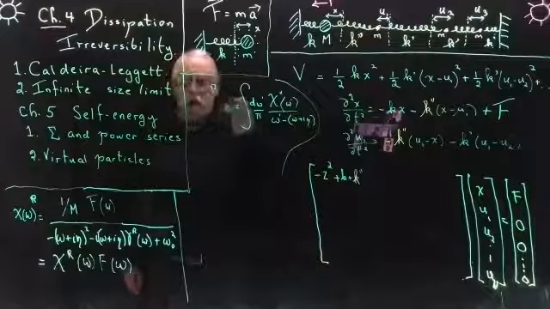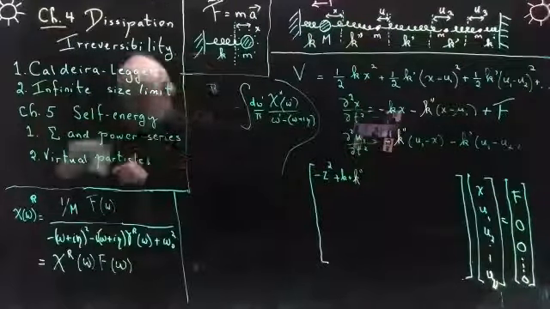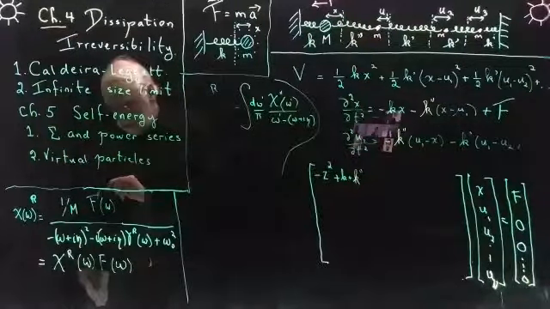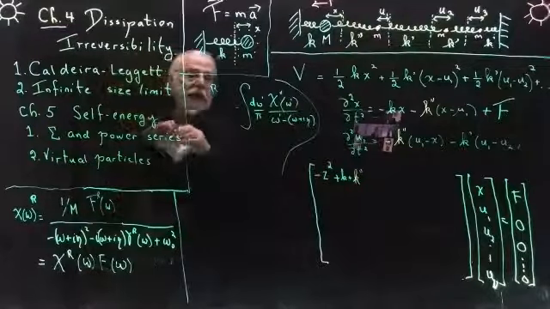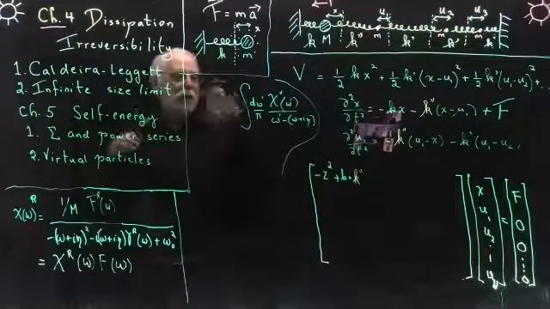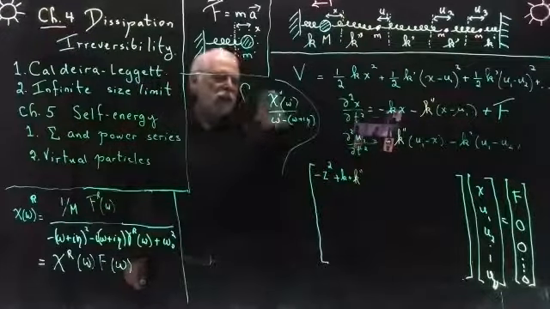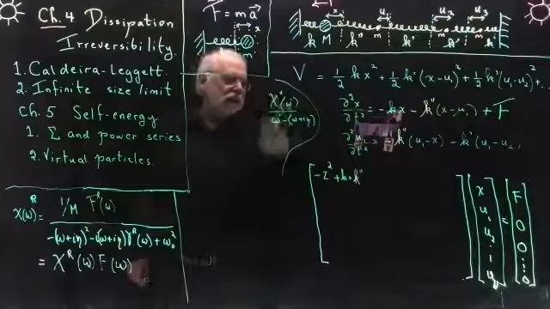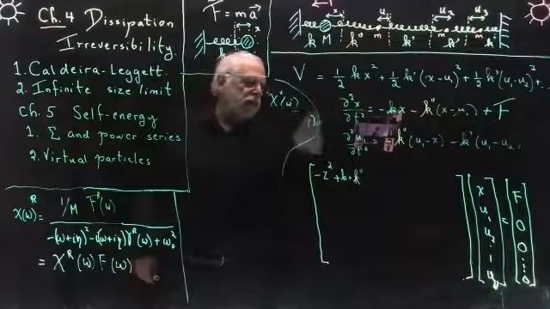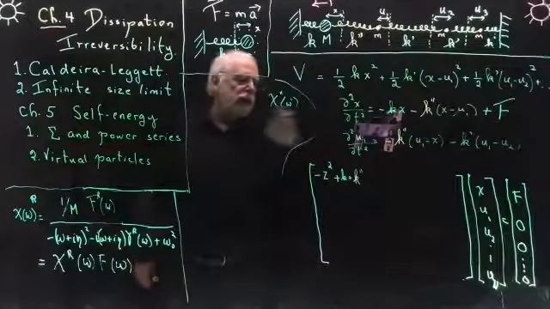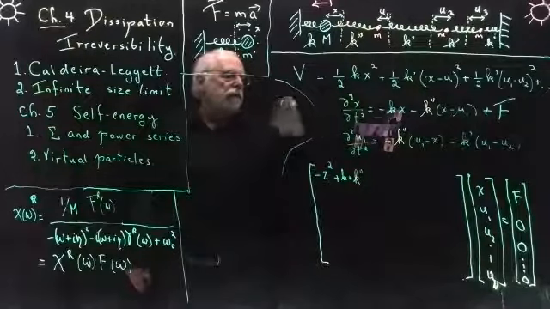An excellent point. So I'll put retarded so that, in fact, that will be important for the coupling to the electromagnetic field. So it's not a trivial question. I should have pointed it out.